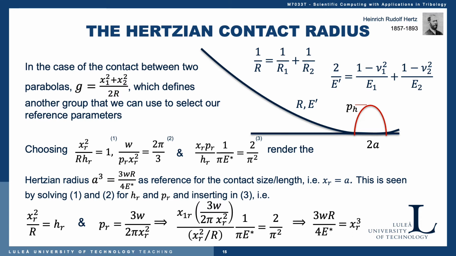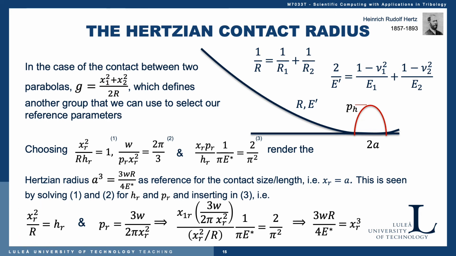This can be seen by solving the first equation, the one for the first reference parameter set to 1, for HR, and solving the second one for PR. This gives expressions for those in terms of the reference parameter XR, such as we see here and here.